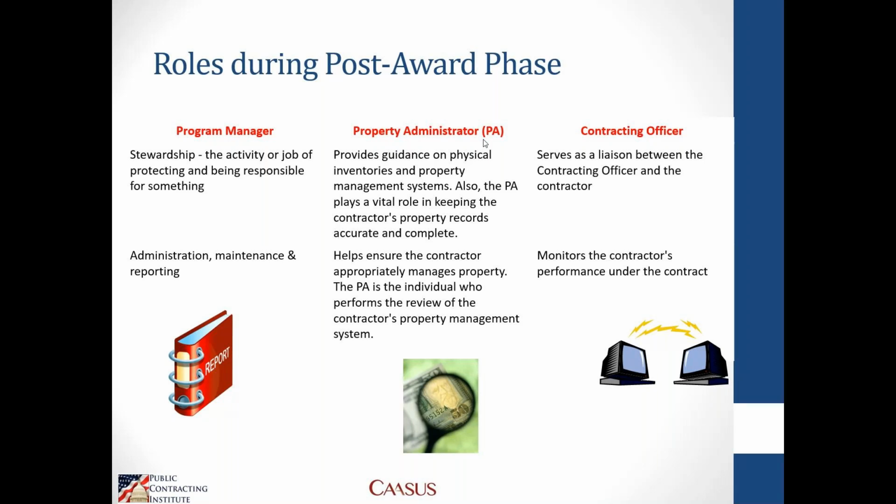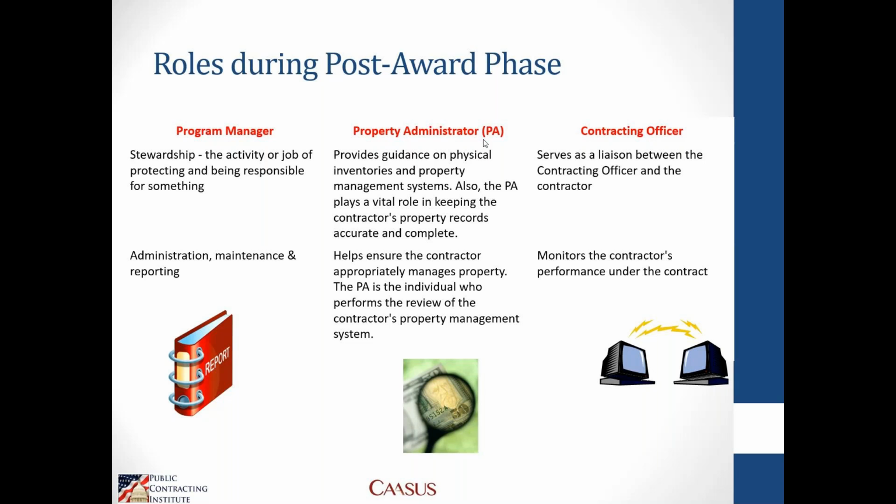Typically, the contractor program manager is going to be the responsible party who has the active role of monitoring property on the contract, making sure the records are okay, putting together and reviewing the inventory reports, making sure that excess property is identified and disclosed to the government timely and accurately.